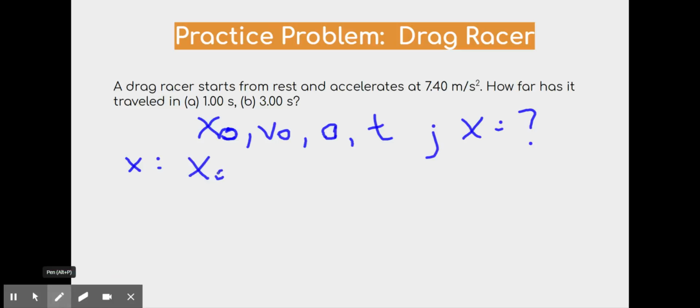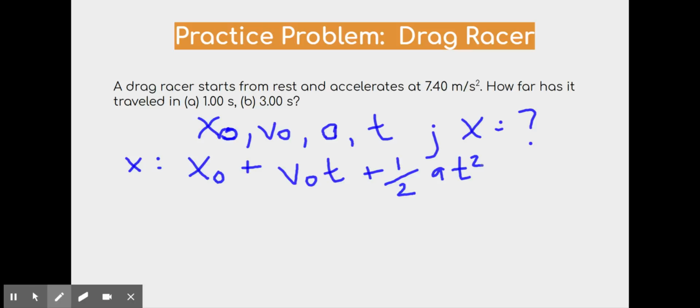Our initial position. I cannot draw zeros with this. It is impossible. Plus our initial velocity multiplied by the time plus 1/2 times the acceleration multiplied by the time squared.